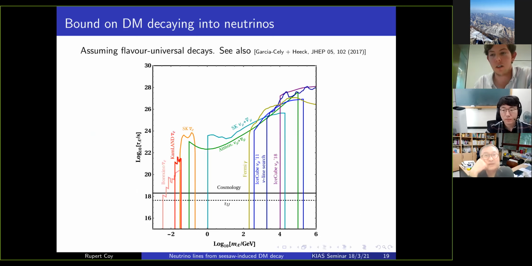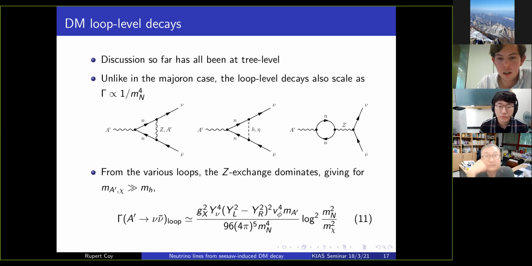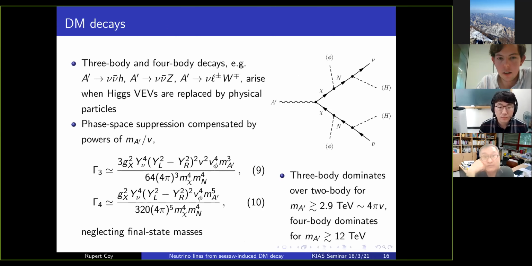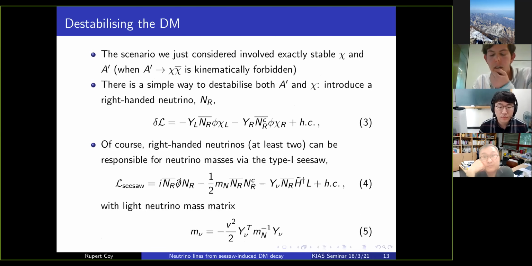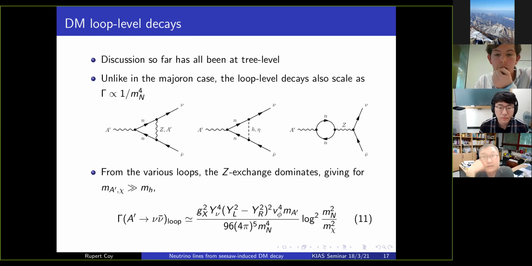So you say freeze-in may not work in your scheme. Yeah, well, I'm not sure. What's the typical coupling size? Can you go back to this A prime from one loop? So basically A prime couples to nu, and okay, I cannot see immediately.